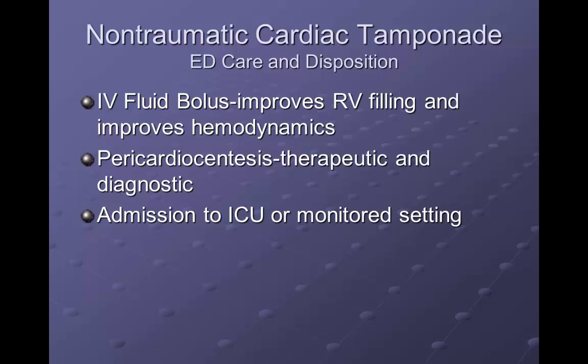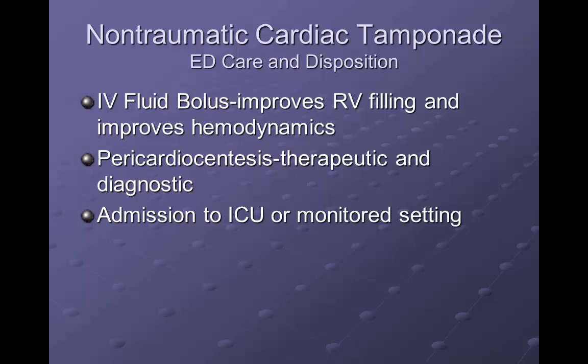EKG monitoring is also essential during the procedure to be able to detect arrhythmias. Fluid is then withdrawn until intrapericardial pressure falls below the right atrial pressure. And that's basically a brief explanation of the procedure.